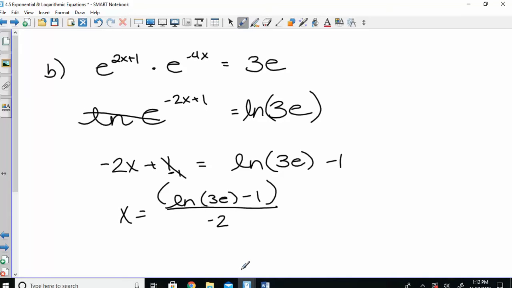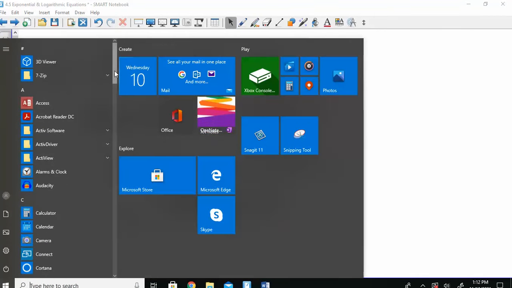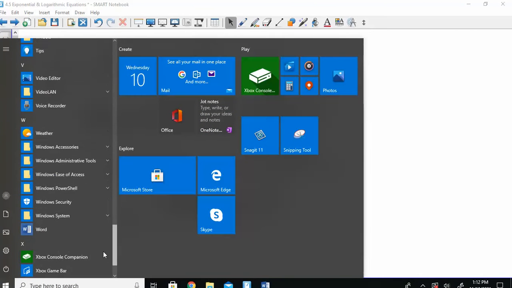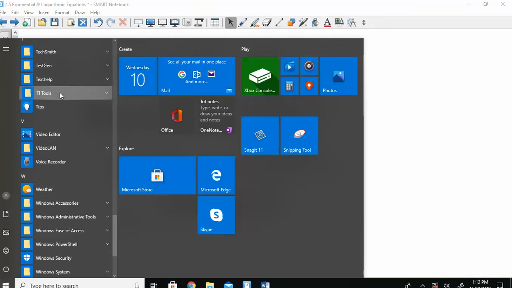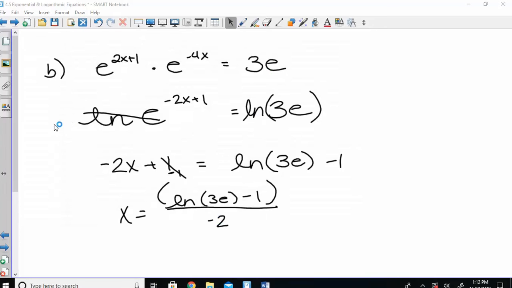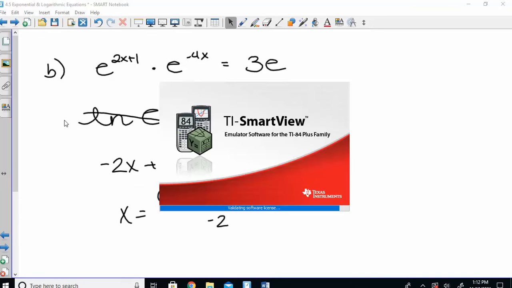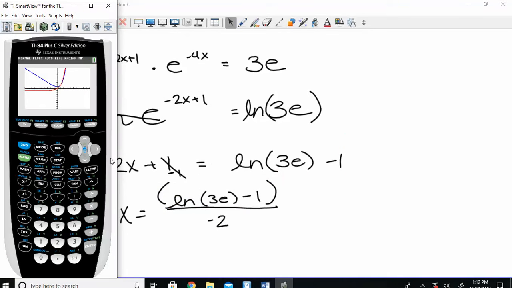The e button, you have 2 different options. Let me pull up my calculator. So we have parentheses, natural log 3. One place you can get an e is if you hit second and the natural log button.